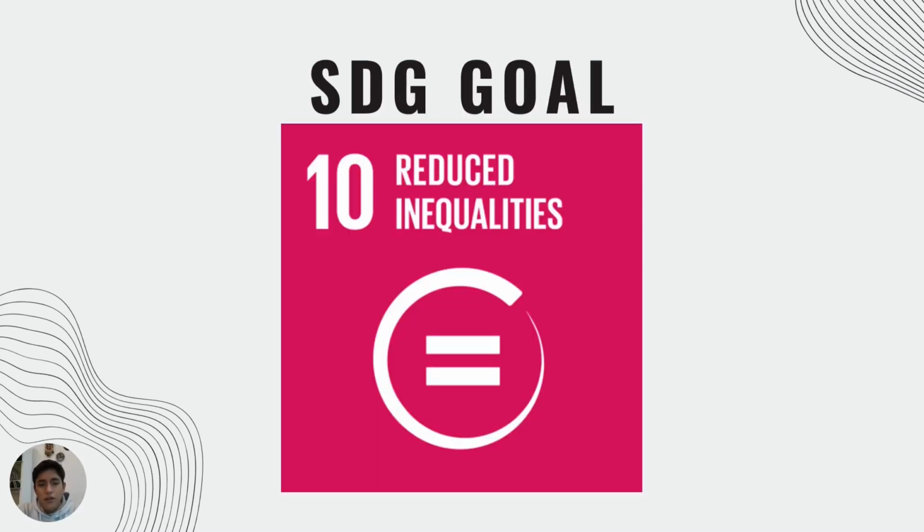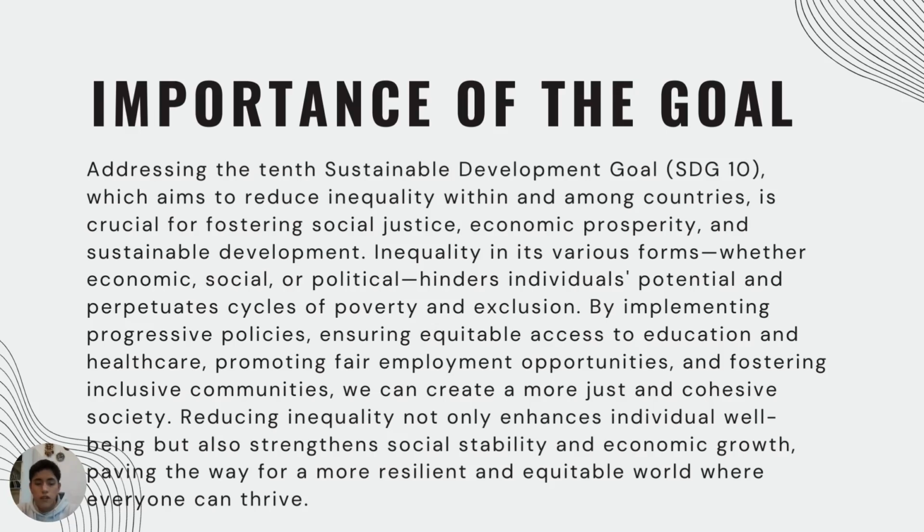Well, talking about Sustainable Development Goal number 10, which is about reducing inequalities, we have to take into account that it focuses on reducing inequalities within and among countries, and ensuring that all people, regardless of age, gender, disability, race, ethnicity, origin, religion, or economic status, have equal opportunities and can benefit from economic and social development. Below, we explore this goal in the context of Peru and Poland.